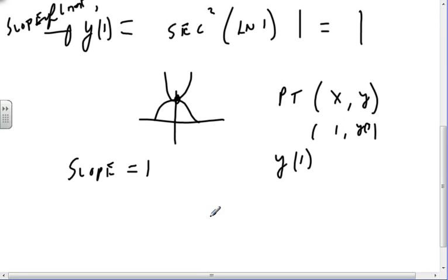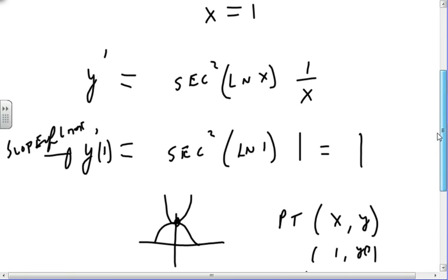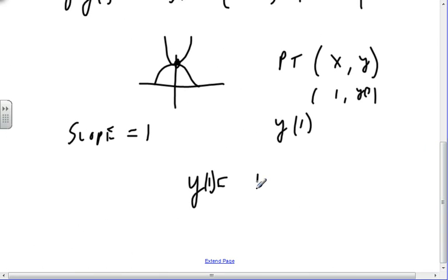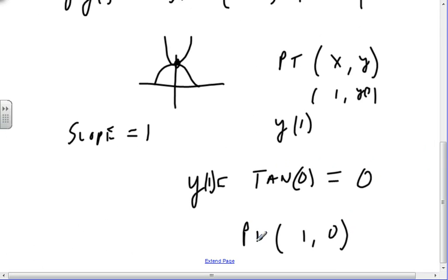So what is y at 1? Okay, so the tangent of the natural log. What's the tangent at 0? The tangent at 0 is 0. So the point I have is (1, 0). That's the point that this line is going through, and the slope is that.